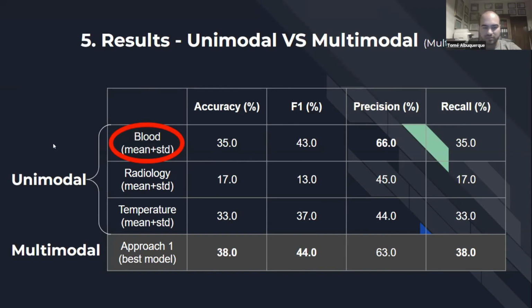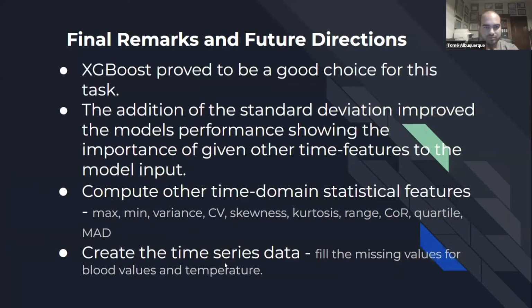The unimodal wins only in one, and in this case the best unimodal model that we have was using the blood features, and it only wins in precision, but it's very close to the multimodal. As you can see, there is evidence that we must use multimodal data. However, there is a lot of room to improve, because these are very low results, but I think there is an improvement.